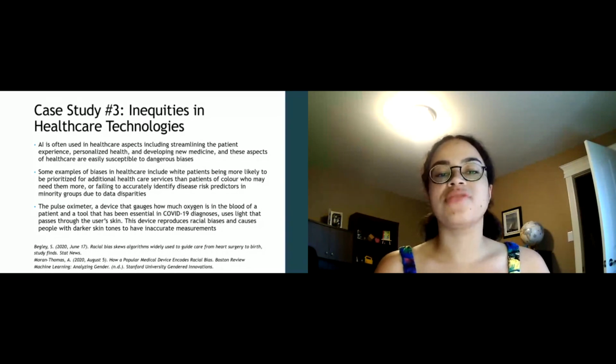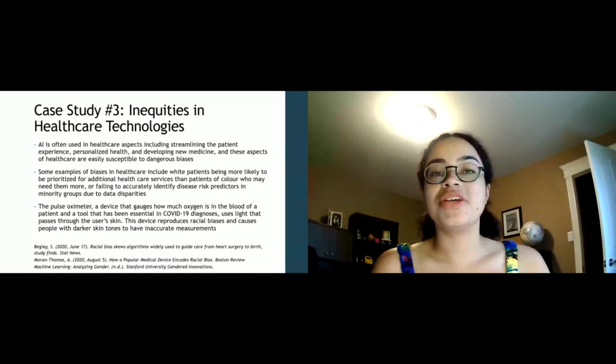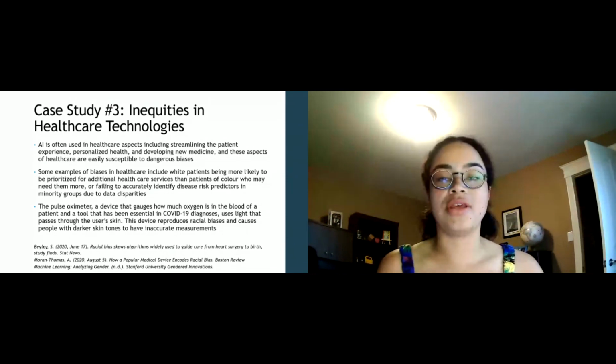Another example is failing to accurately identify disease risk indicators specifically in minority groups due to not having enough data to support what they actually look like. A more recent example is the pulse oximeter, a device that gauges how much oxygen you have in your bloodstream, and it's been really efficient in the diagnosis of COVID-19.